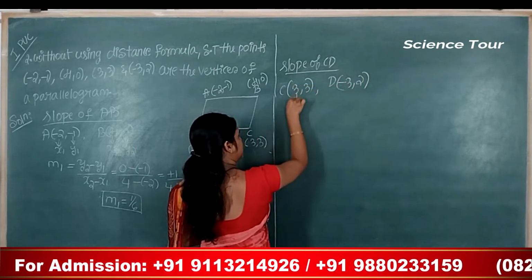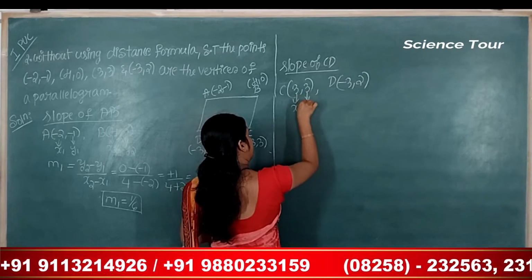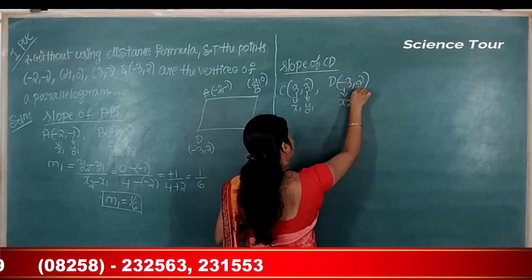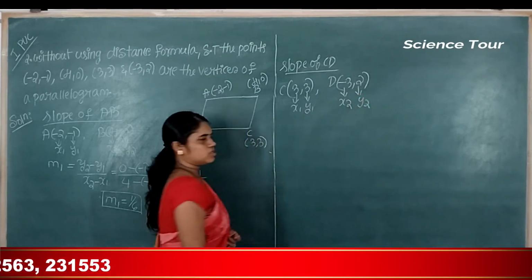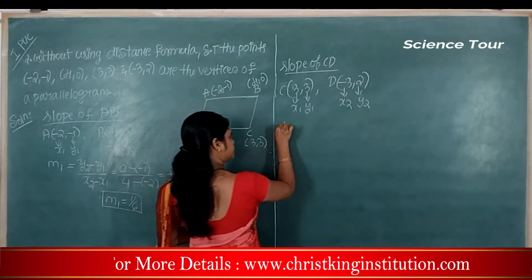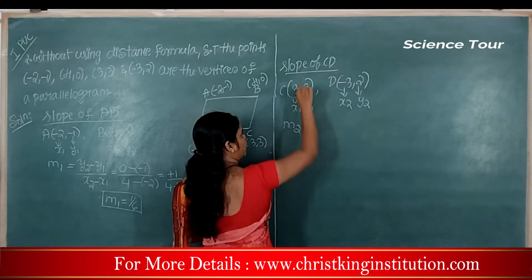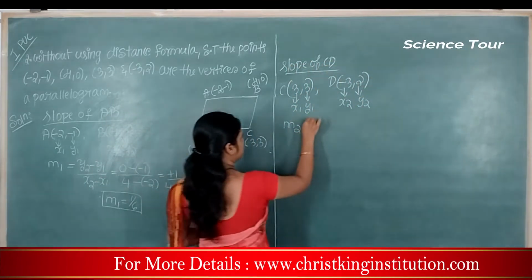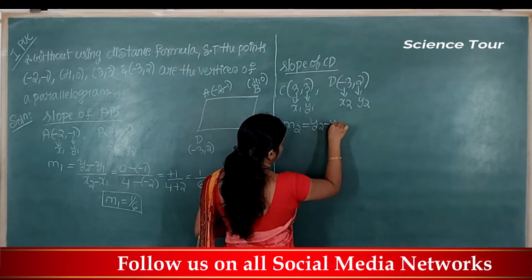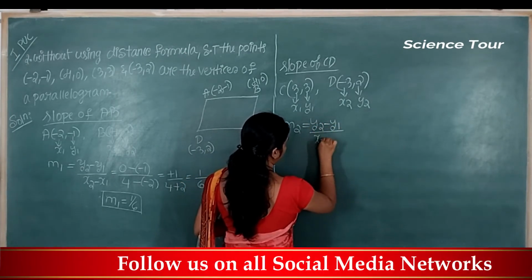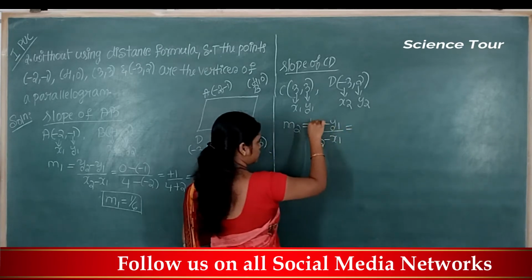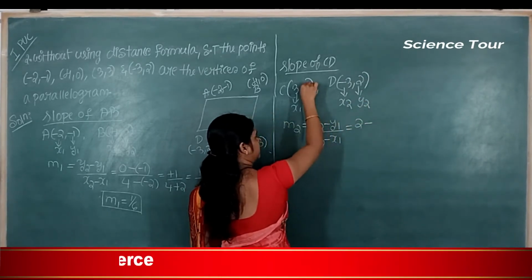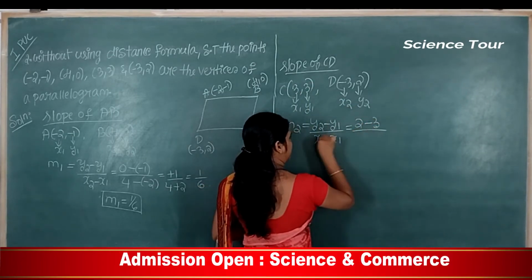Consider point C as x1, y1 and point D as x2, y2. Suppose m2 is the slope of line CD. The formula is the same: y2 minus y1 by x2 minus x1. Substitute: y2 is 2, minus y1 which is 3. Next x2.